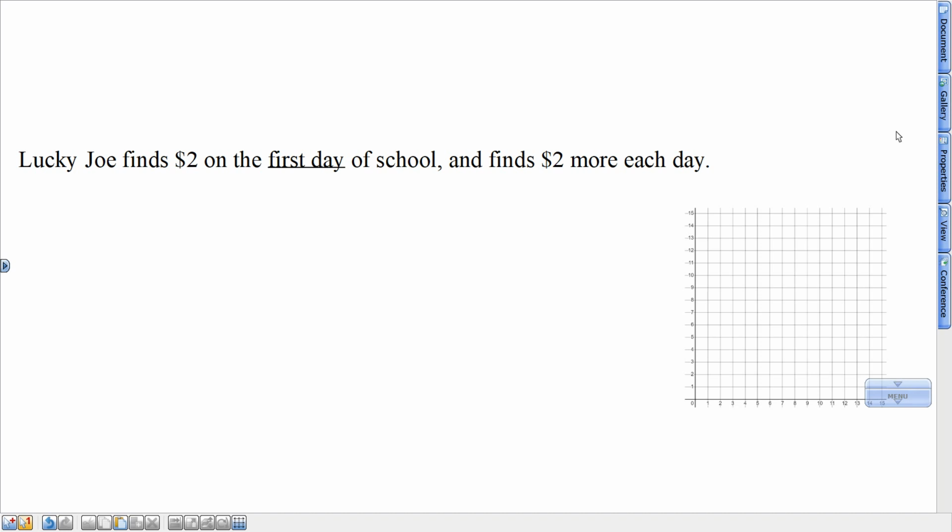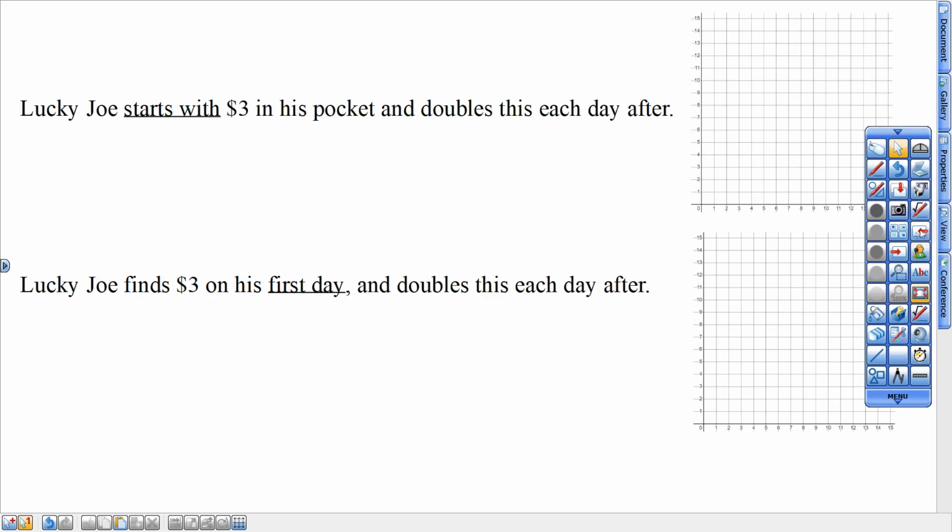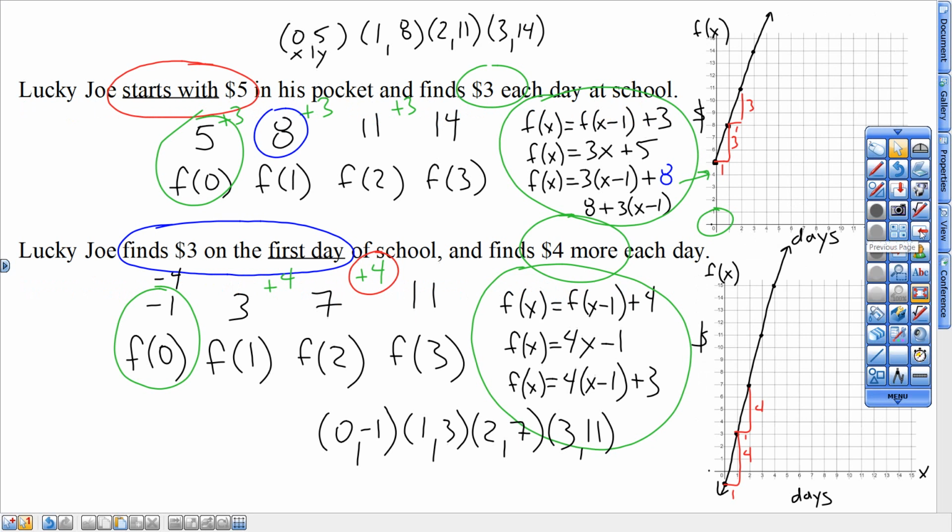And again, look at that key wording there. Those first two examples, again, the key wording is if somebody starts with something and finds something each day after, that means you have something in your pocket. If you just find something without having something in your pocket already, find something first day, that's your first term.